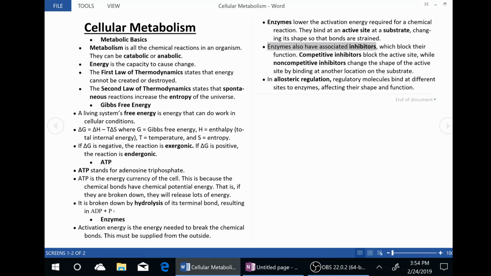Now, obviously, it would be bad to have all the enzymes active at once because that can cause many devastating effects. So therefore, enzymes often have inhibitors, which block the functions of the enzymes. Competitive inhibitors will bind to the active site directly, and so they're going to be competing for space with the enzyme on the substrate.